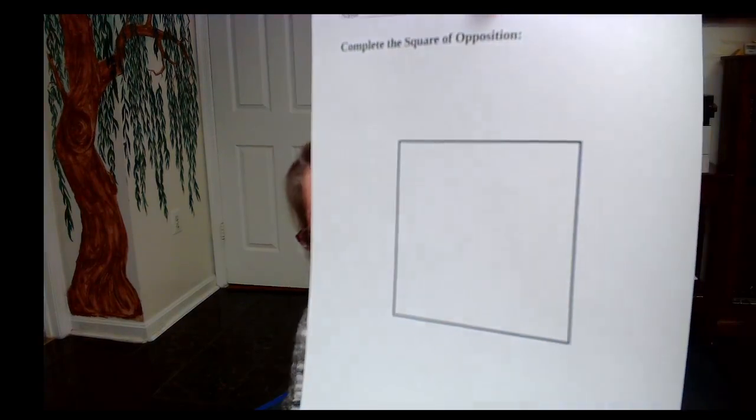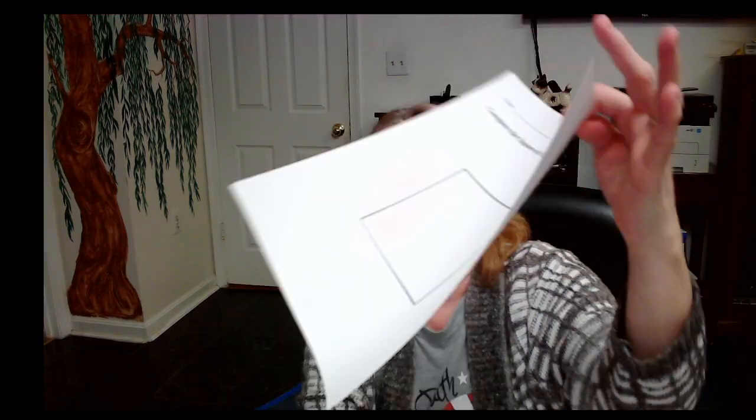Okay, and the final page of your homework is review. Complete the square of opposition. So I want all of it there, and you have from previous papers, previous handouts, how to do that. And this is just to keep you sharp on it.